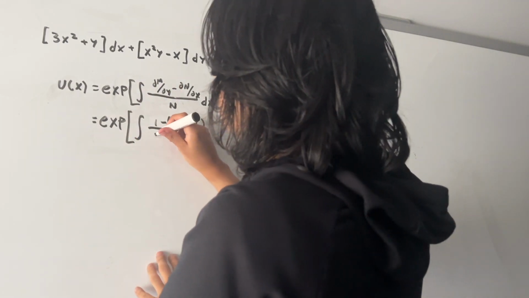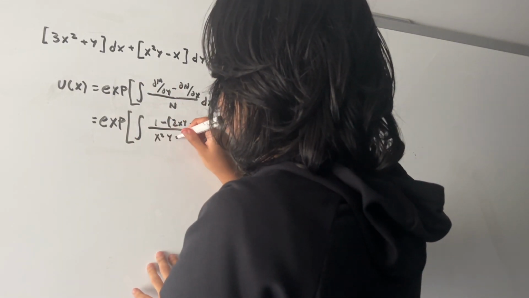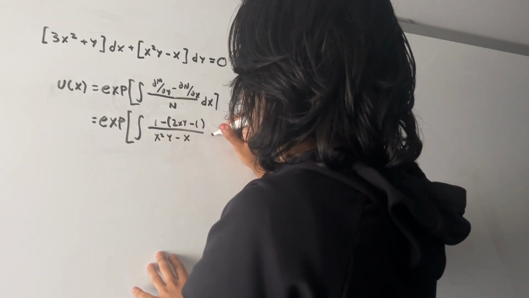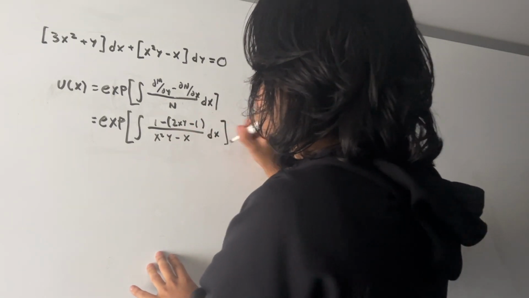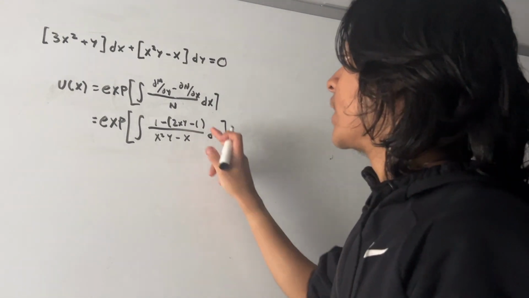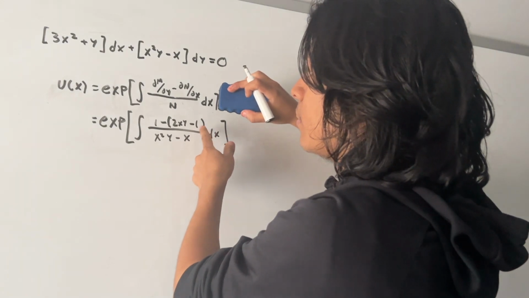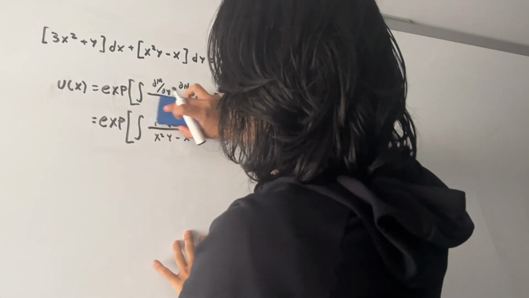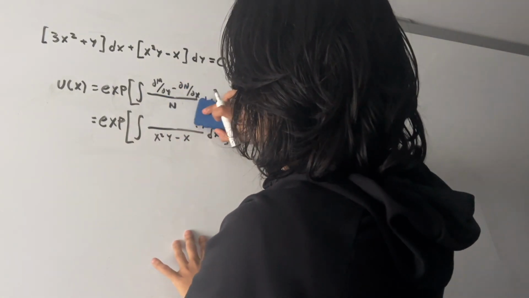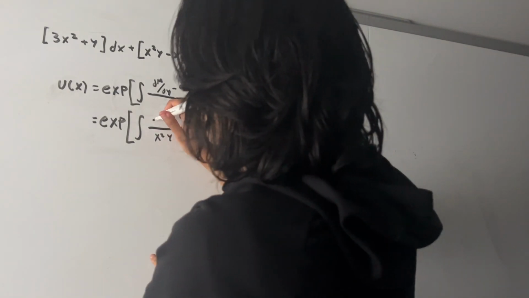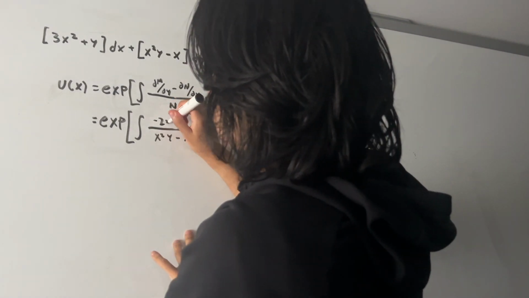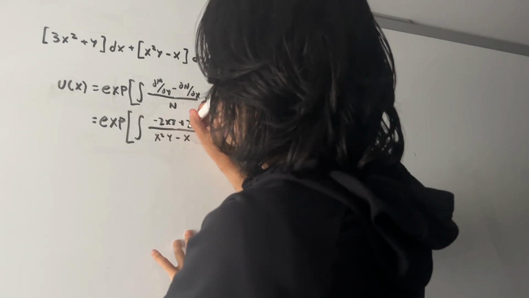So it would be x squared y minus x dx. And here we could get these two ones together. So we get negative 2xy plus 2.